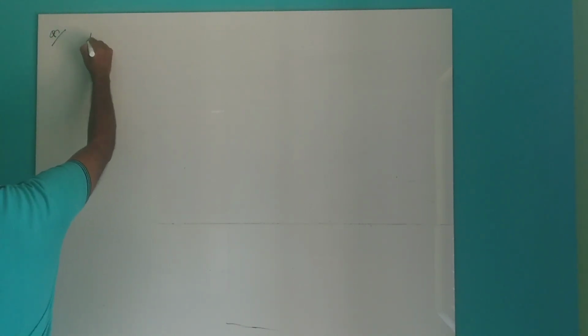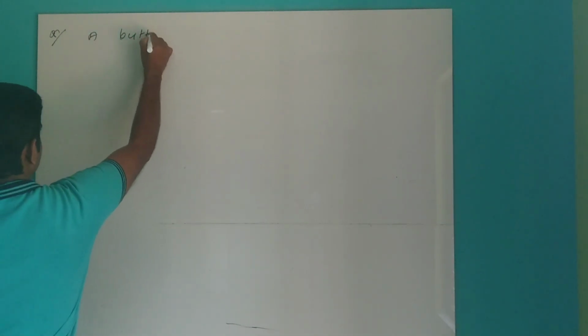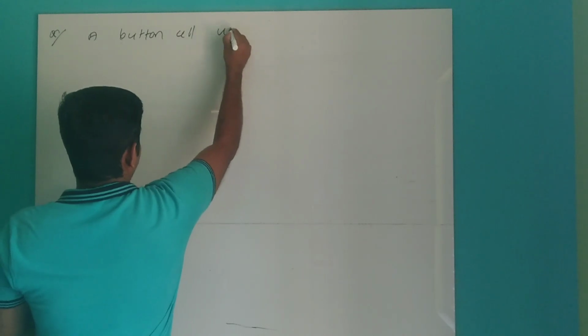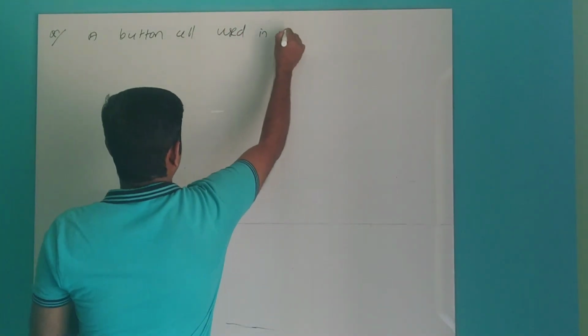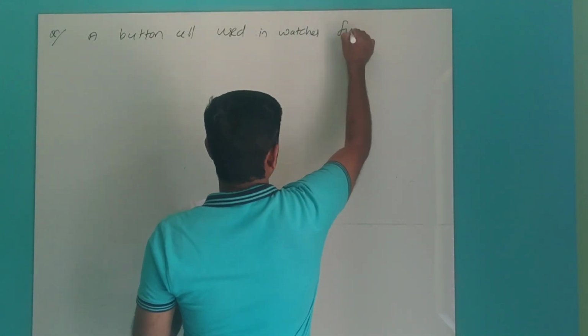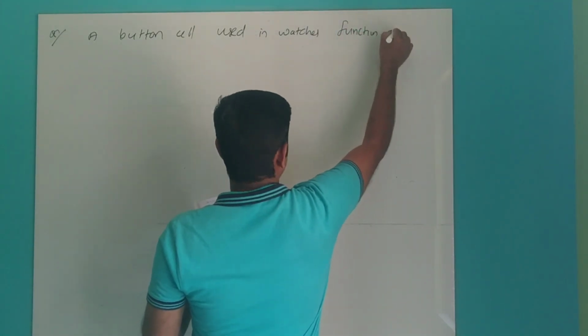The question is, a button cell used in watches functions as follows.